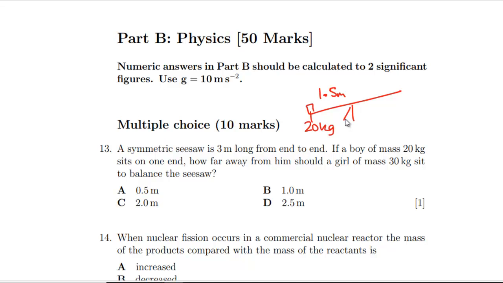So we're going to want to have the 30 kilograms just 1 meter away in order to balance that with our moments. Or 1 meter away from the pivot, because weirdly it's got how far away from him. So you need to be careful with the wording of some of these questions. That we got 2.5 meters going for D.